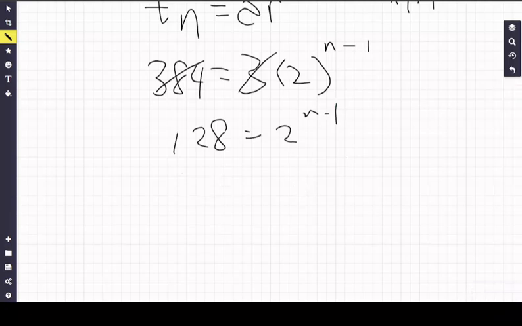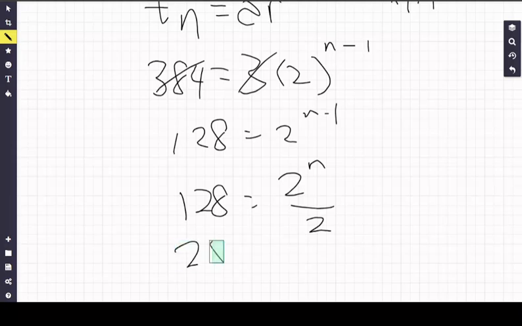Or you can go ahead and separate this exponent. Because remember, if you have an exponent plus something, that's multiplied together, and if you subtract, it's divided. So 2 to the n over 2 equals 128. So multiplied by 2, it's going to be 128 multiplied by 2, 256, equals 2 to the n.